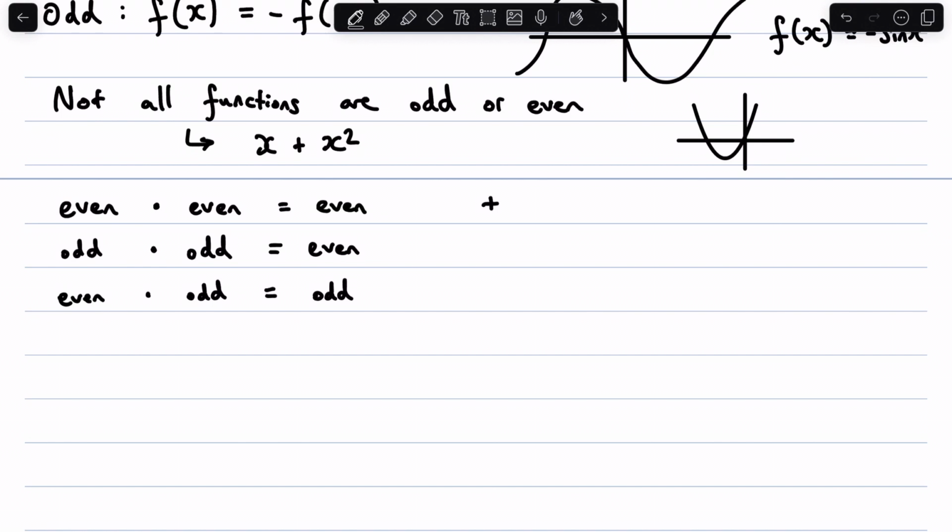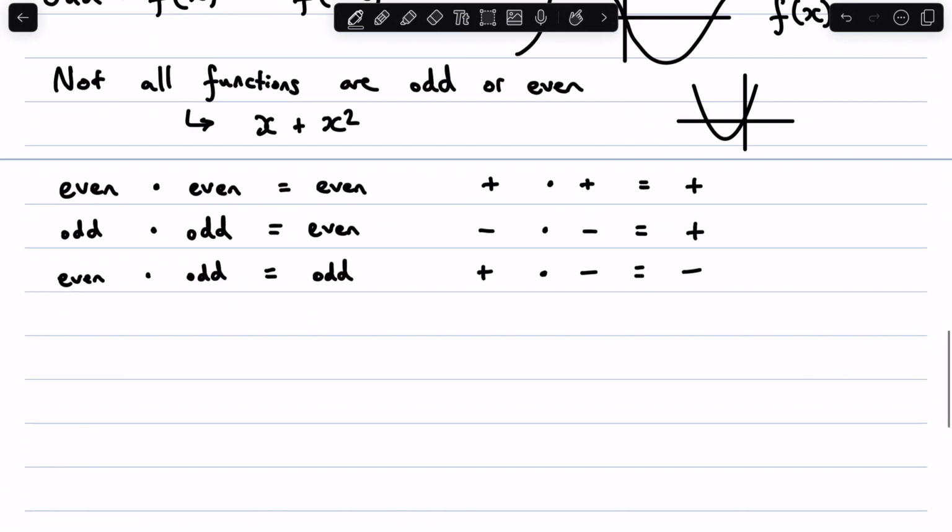So a positive times a positive is a positive, a negative times a negative is a positive, but a positive times a negative or a negative times a positive will result in a negative number. And it's a useful tip to remember when trying to imagine these functions or plotting them in general.